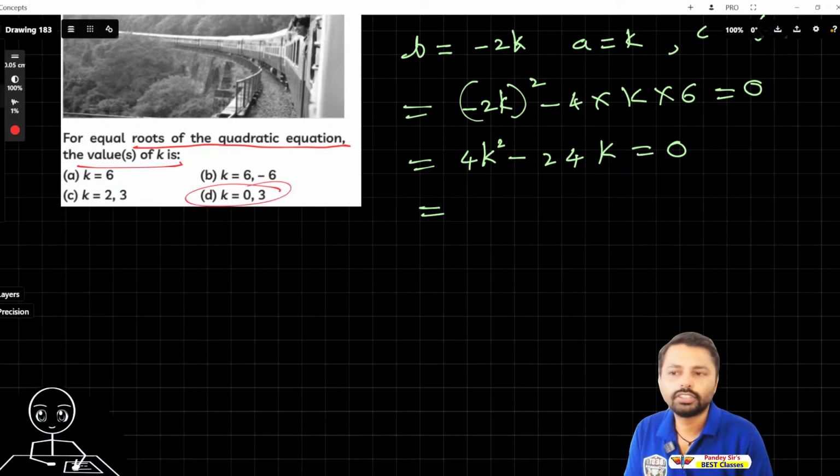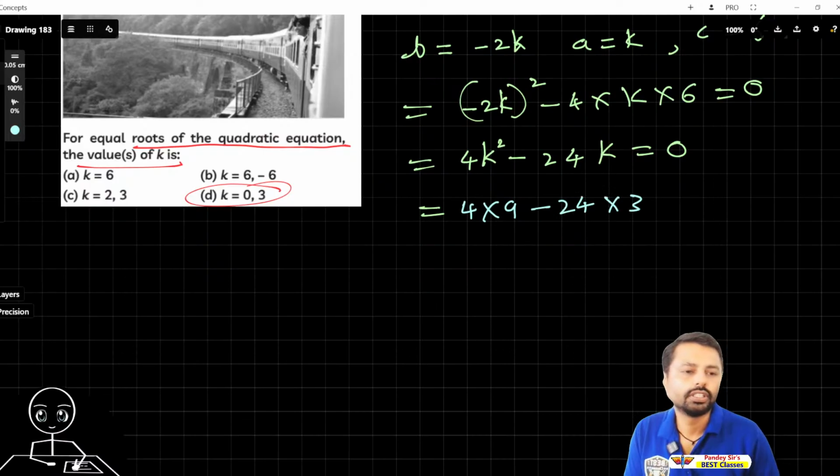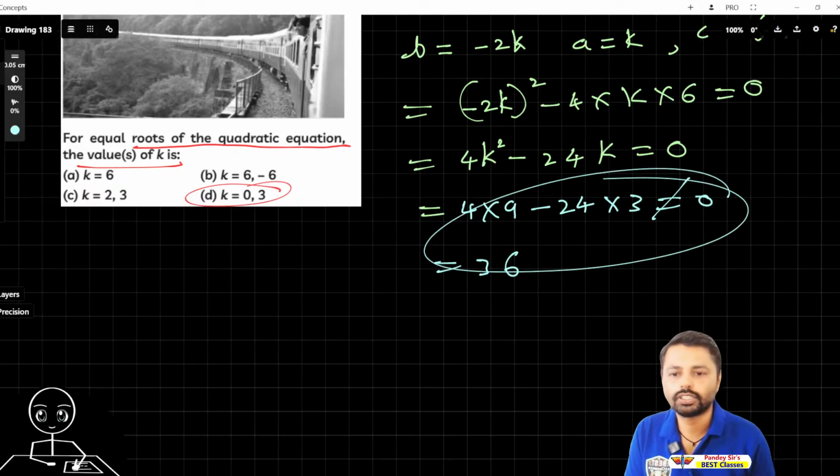Now let's try with k equal to 3. 4 into 9, that's 3 squared, minus 24 into 3. Will it give you 0 or not? 36, no, it's not giving 0. 36 and here a bigger number. No, it's not working. So it seems to me like k must be equal to 6 or minus 6, something like that, for equal roots.